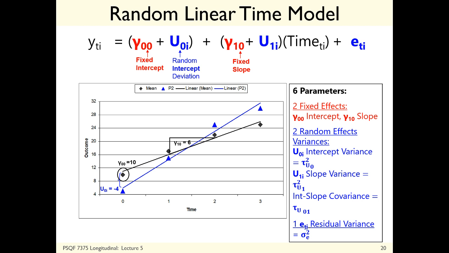But my blue person is changing more quickly than everybody else. So their random slope would be a positive 2 to get them to their actual slope of the blue line, which is 8. How far off?